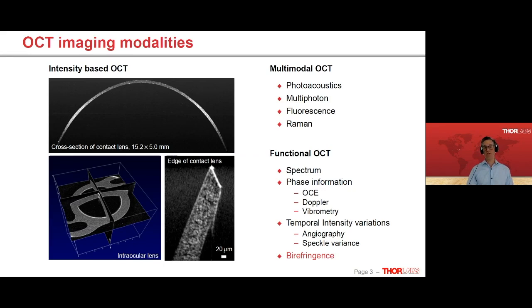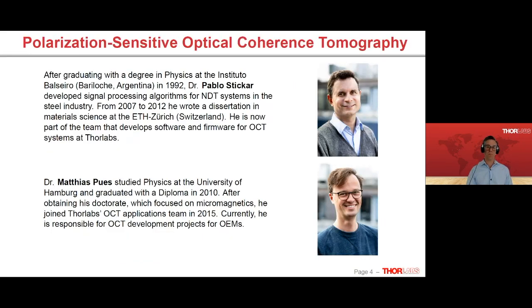Now it is a pleasure to introduce my dear colleagues, Dr. Pablo Stickar and Dr. Matthias Pues, who will share their insights on the fundamentals of this very interesting topic. Dr. Pablo Stickar graduated in physics at the Instituto Balseiro in Argentina in 1992, and afterwards developed signal processing algorithms for NDT systems in the steel industry.